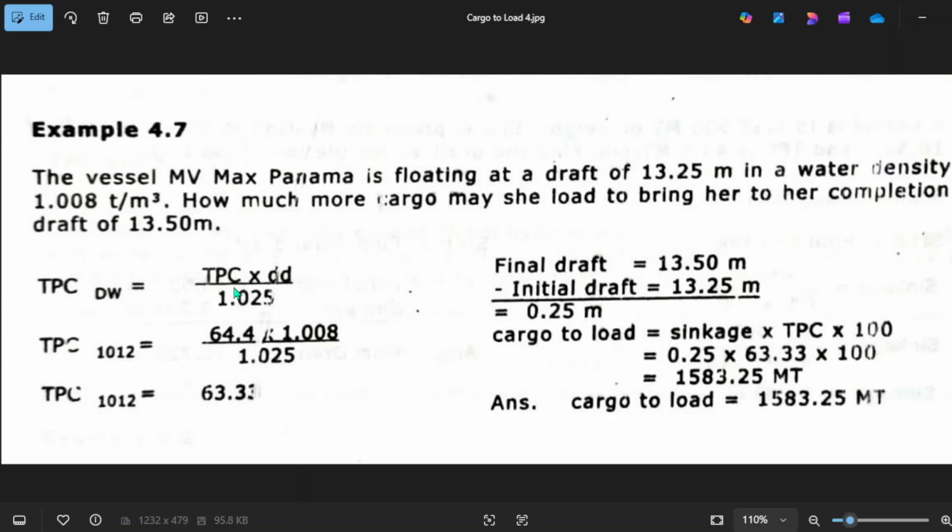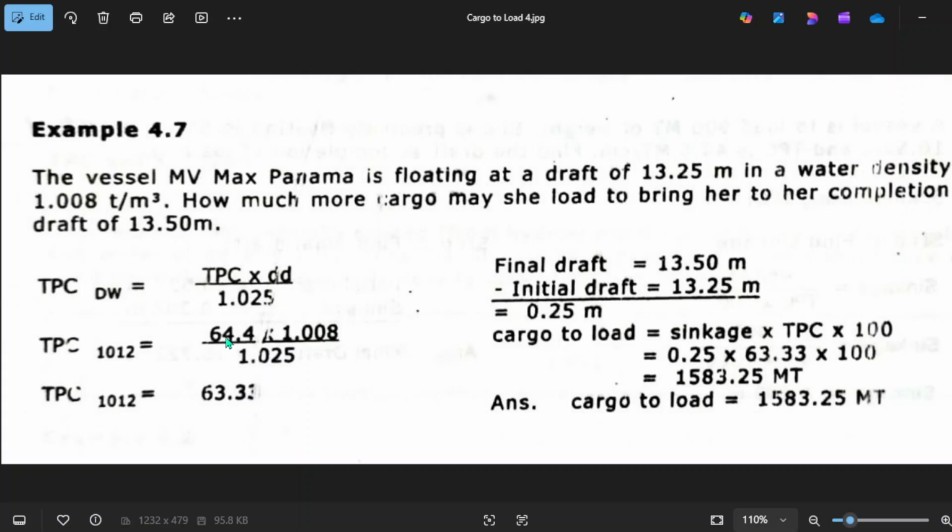So TPC times local density over 1.025, and the TPC at 13.25 is 64.42 times your local density over 1.025 is 63.33. This should be salt water of 1.025 because of this formula.